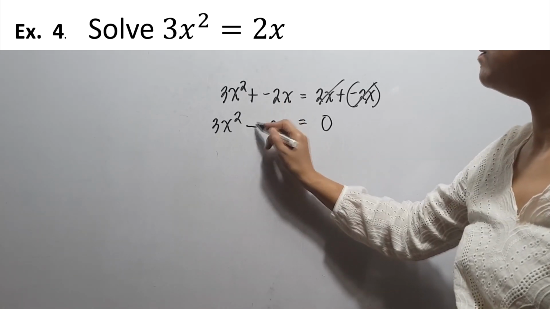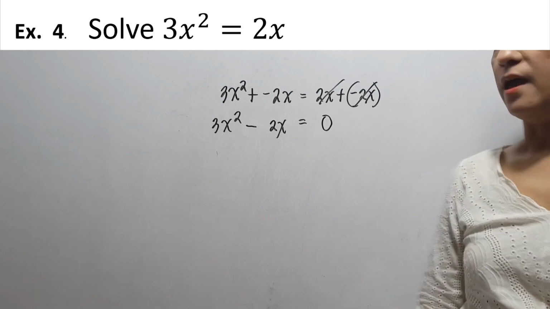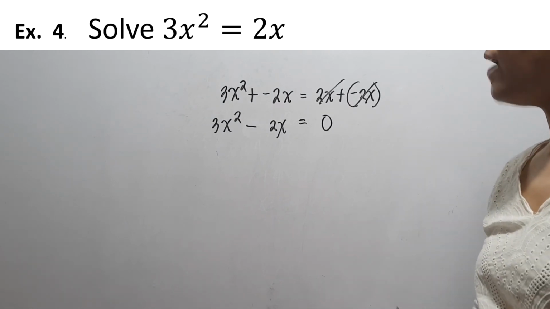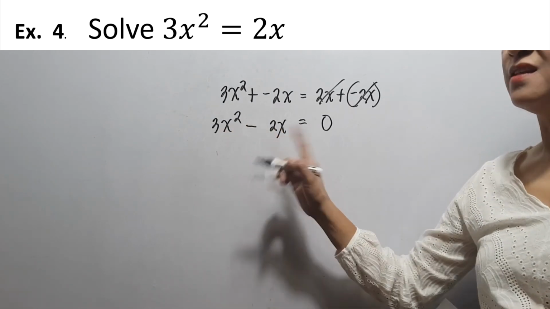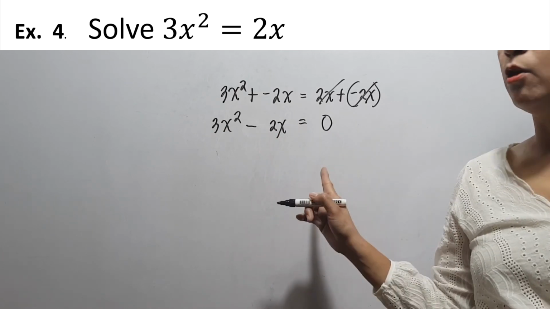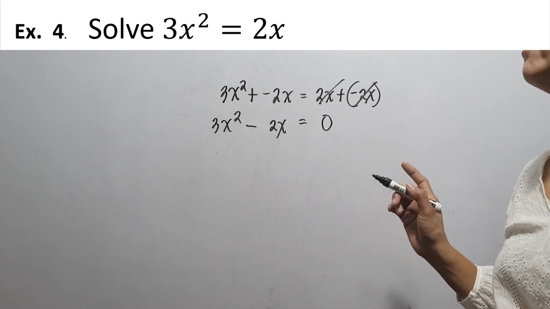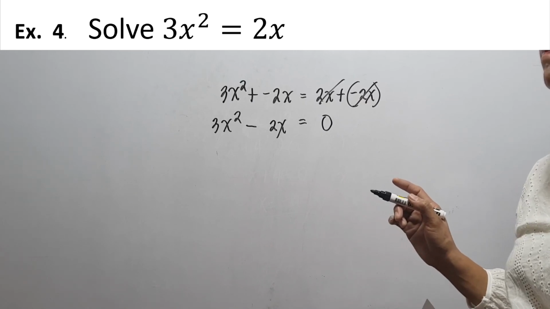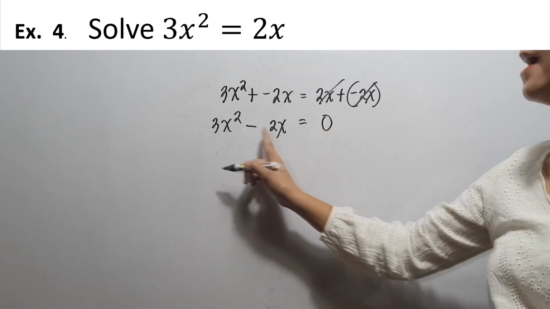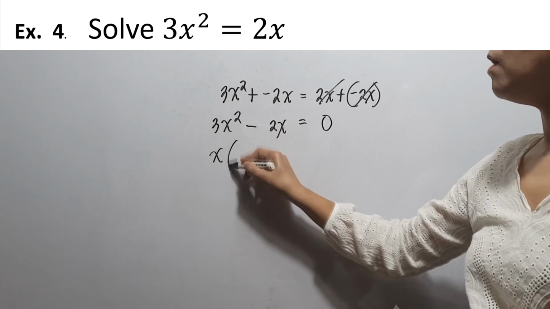Now, we will factor. This is not a trinomial, it's just a binomial. Tingnan natin kung may common factor siya. Meron, that is x. So, x is a common factor.